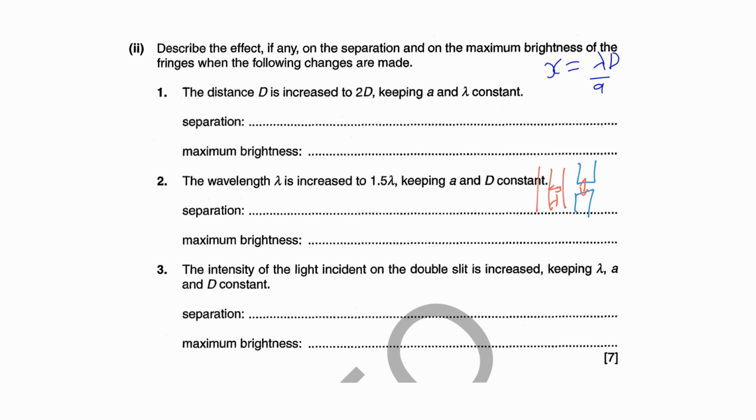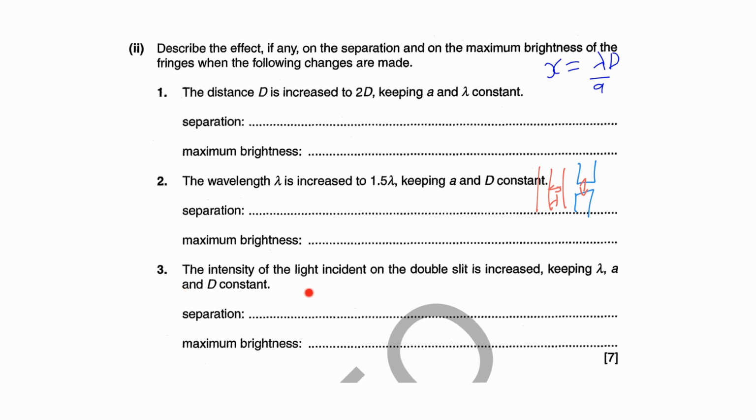So imagine when the light passes through each slit, there are two of these, it spreads more. That means the energy will be spread out over a larger area. So therefore the light from each slit will be less bright, and your maximum brightness also will be less bright. So you can say maximum brightness decreases.